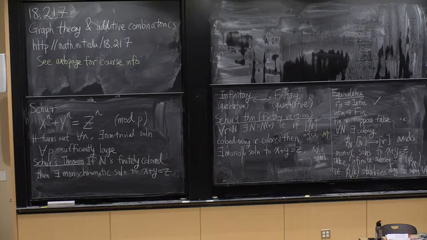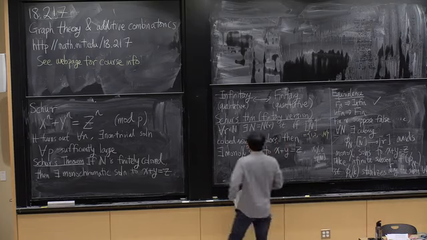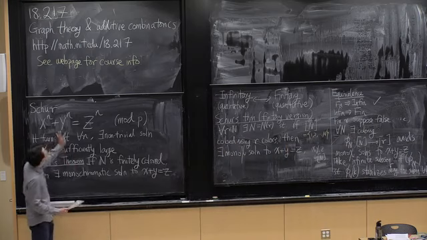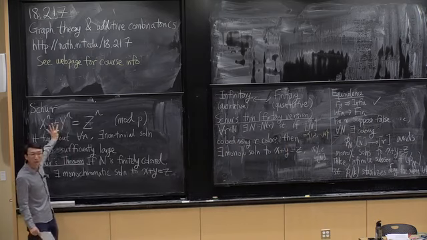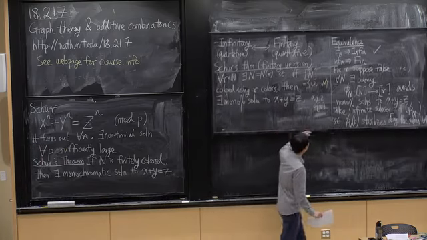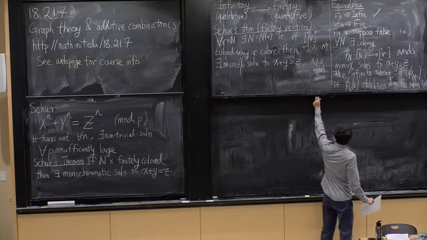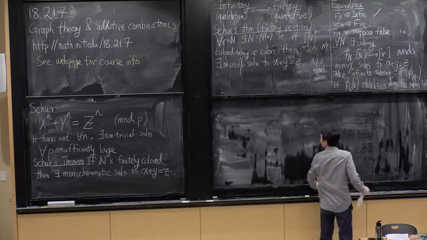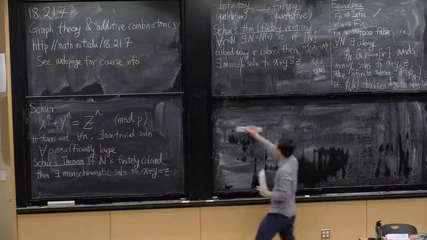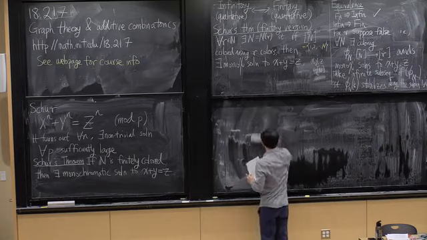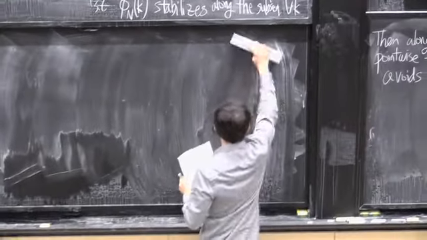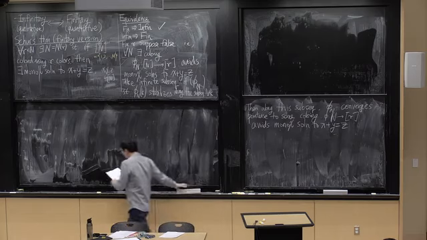Okay, so now we have Schur's theorem in this form. Let me show you how to deduce his conclusion about ruling out this approach to proving Fermat's last theorem. All right.